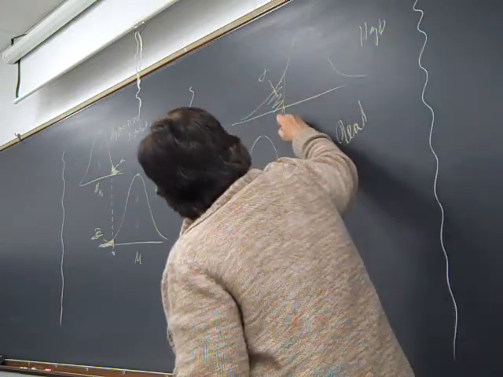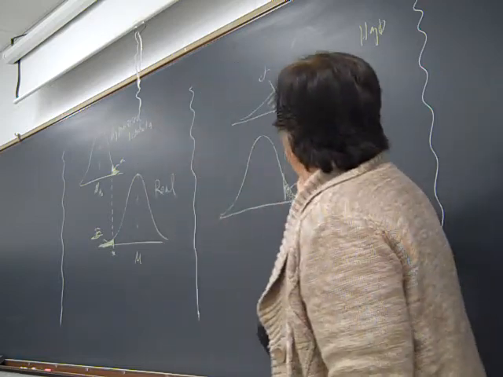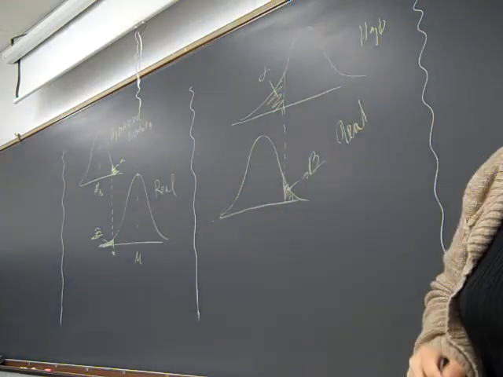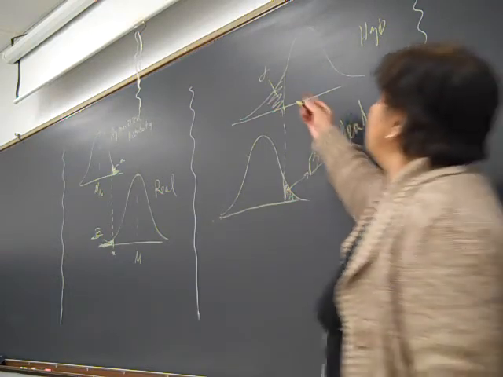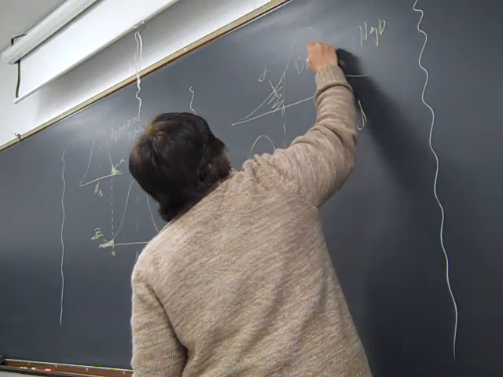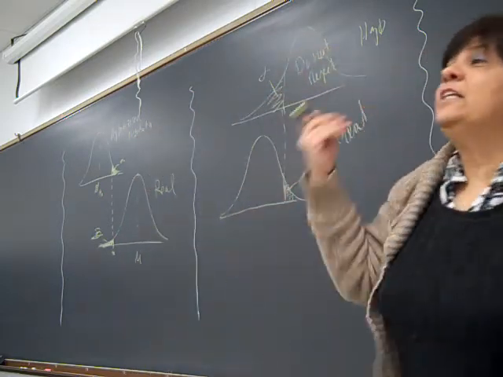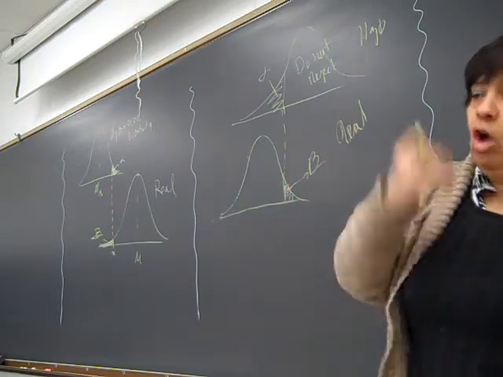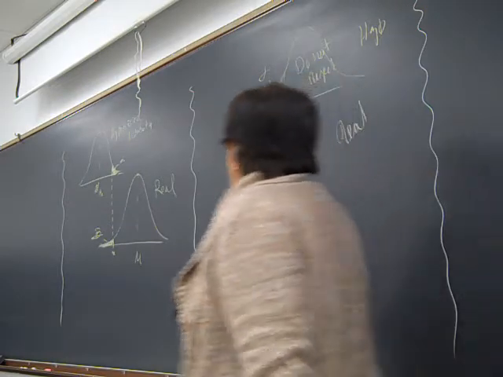And if you just translate this over here, this is beta. Okay? Why? Because this is the do not reject zone, and beta is the probability that you do not reject when it's false.